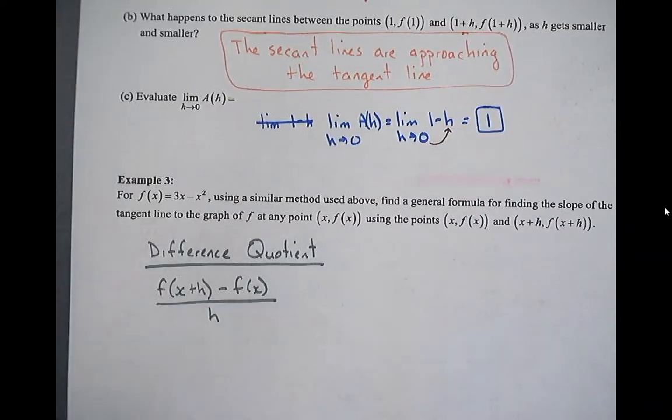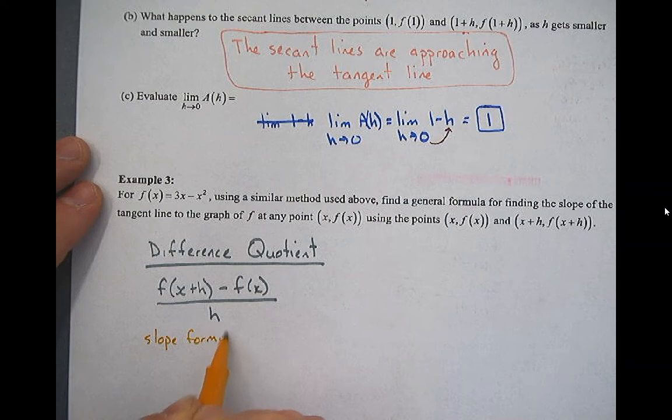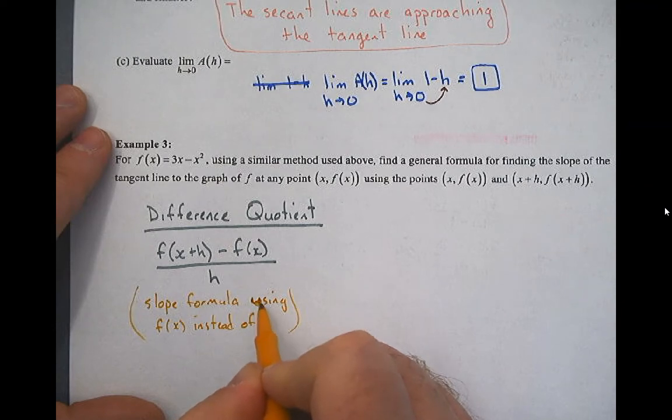The difference quotient is just the slope formula, using f of x instead of y. So when I say the difference quotient, that's just the slope formula.